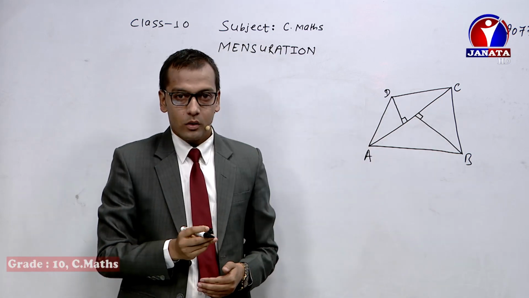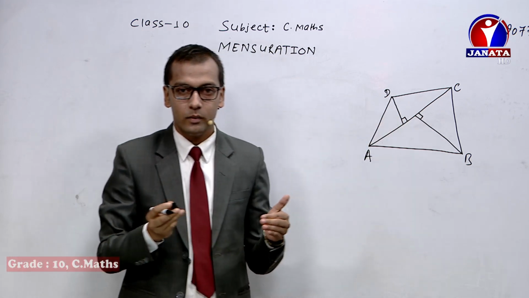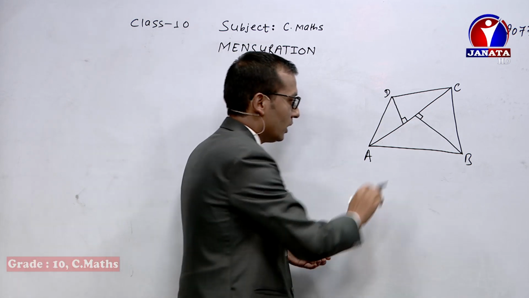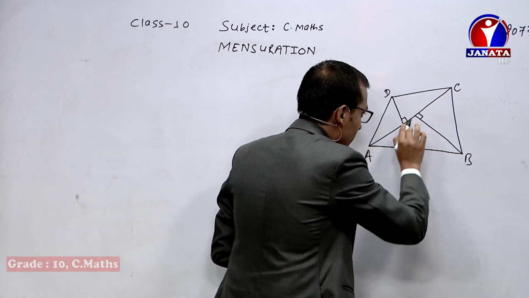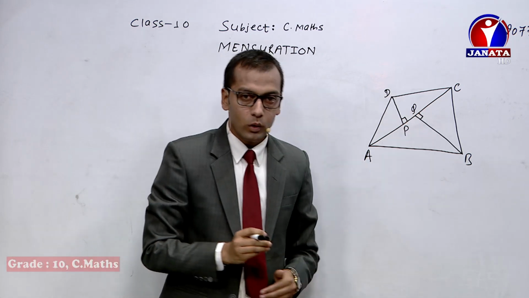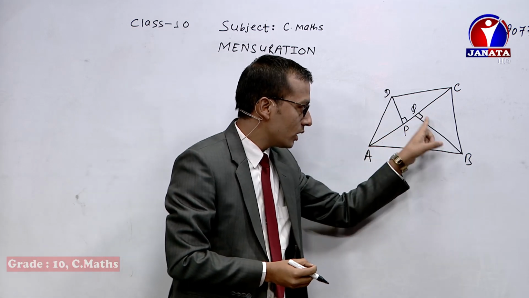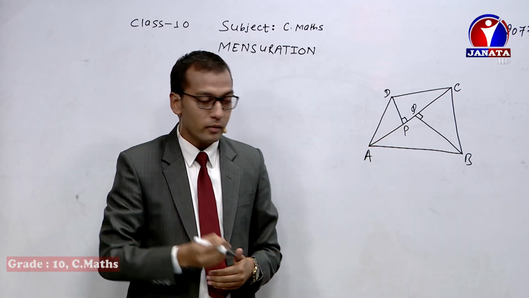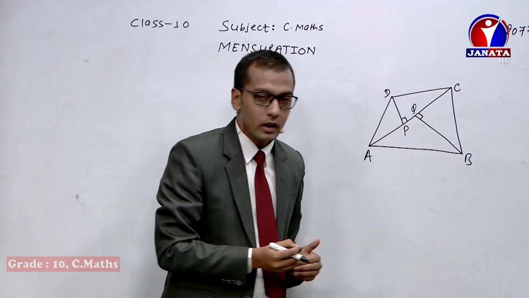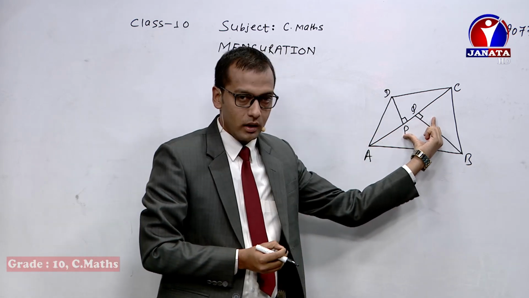ABCD is a quadrilateral in which A, B, C and D are four vertices or four corners of this quadrilateral. Let me give names for these two points, P and Q. AC is one of the diagonals of the quadrilateral. DP and BQ are perpendiculars drawn from the remaining vertices, which are D and B. Two perpendiculars are drawn on diagonal AC.